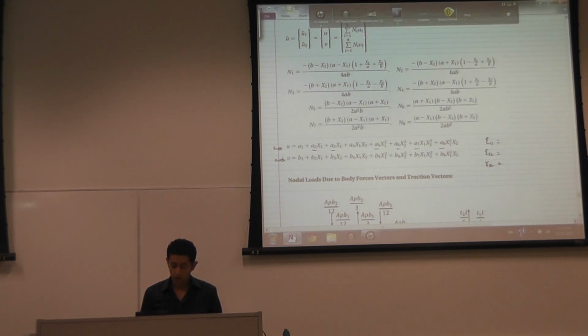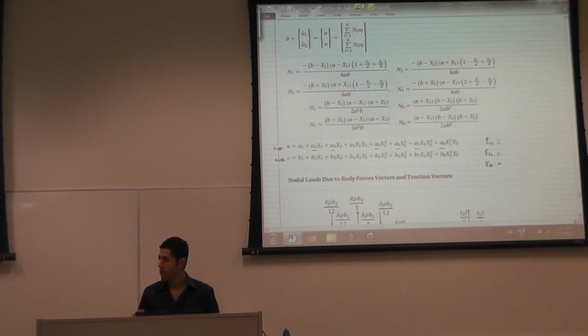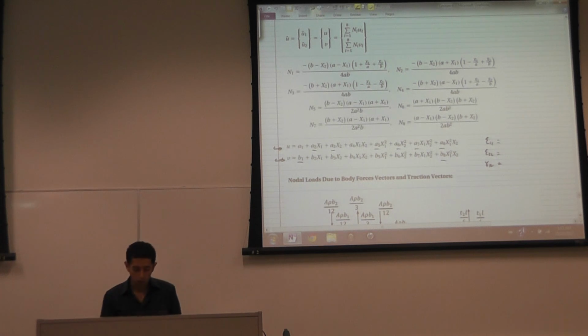These generalized degrees of freedom can be replaced by degrees of freedom that have a physical meaning, and the physical meaning is the displacements of the nodes of the element. So A1 up to A8, I can replace them with U1 up to U8, and B1 up to B8, I can replace them with B1 up to B8.